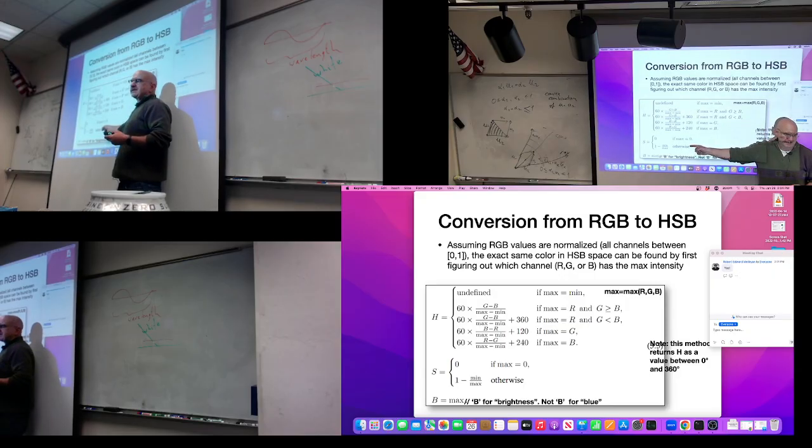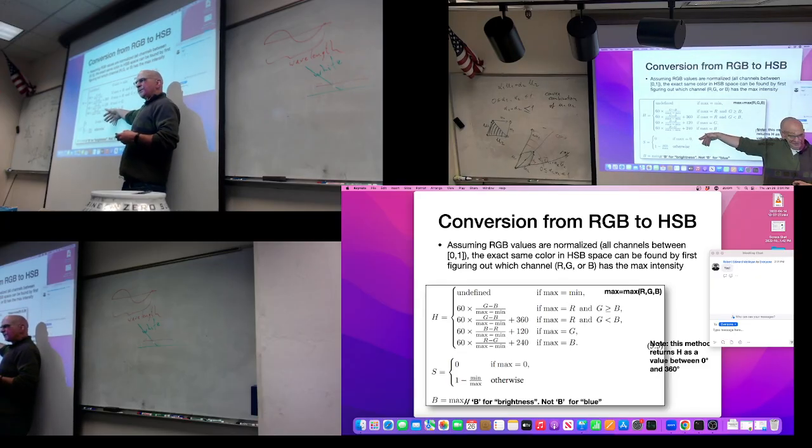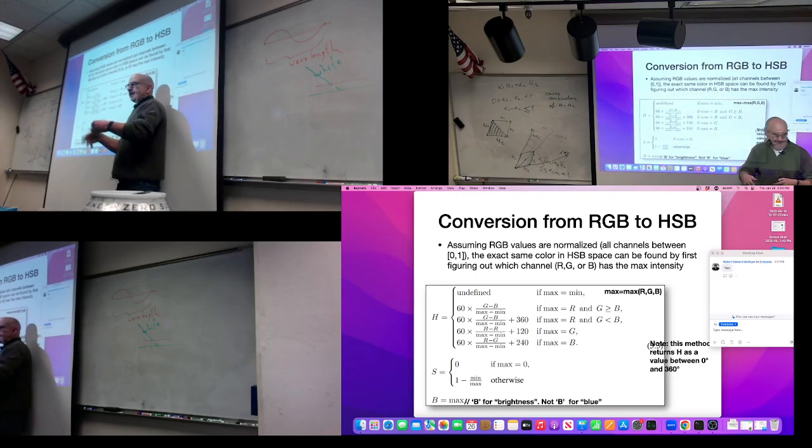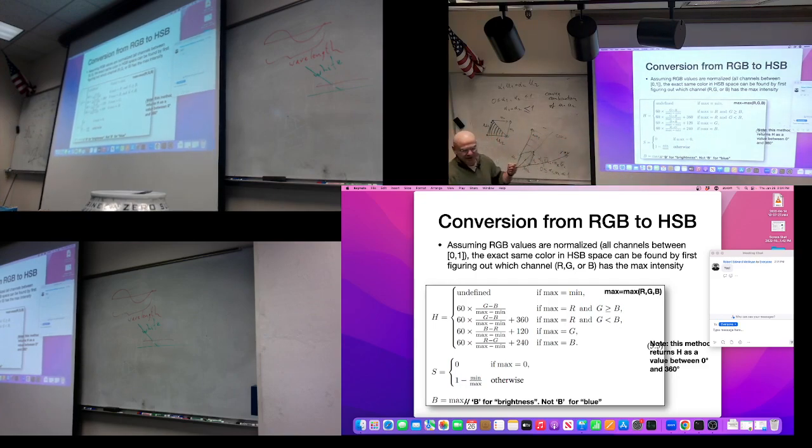I will specify the intensity that doesn't depend on what the max is. The intensity is determined by the max, essentially. And actually, I've seen these formulas that determine the intensity as just the max, or determine the intensity as the sum of the whole three. And that would be how strong the pixel is illuminated.